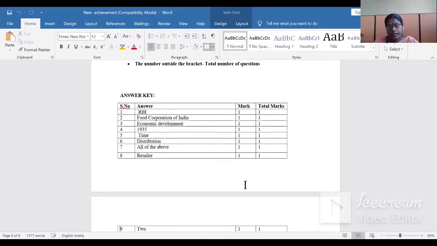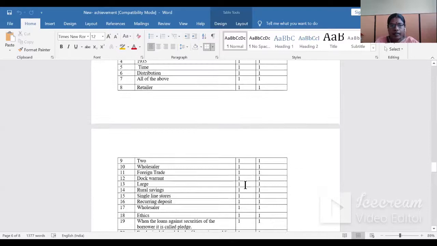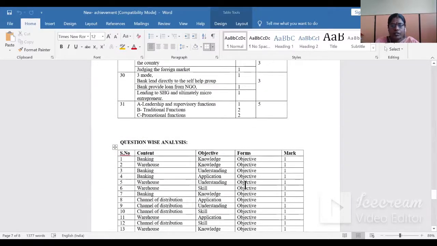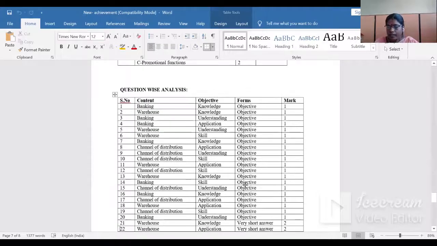There are key points to understand in this answer key. Next step, question wise preparation of the scoring key. This is the preparation of the scoring key. And the next one, question wise analysis.